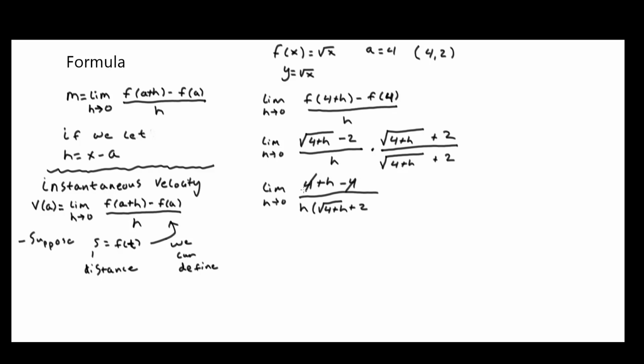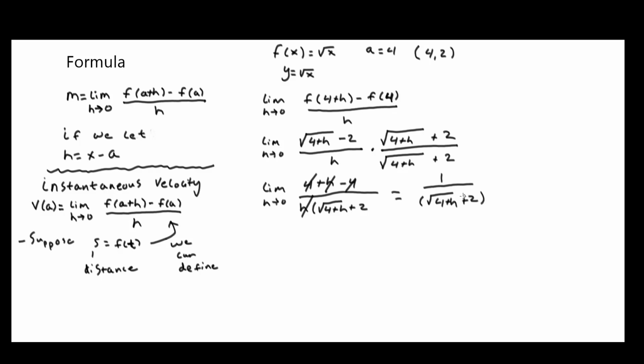These 4's cancel out, and then from here we can even cancel these h's out. So we end up getting a 1 over radical 4 plus h plus 2 again.